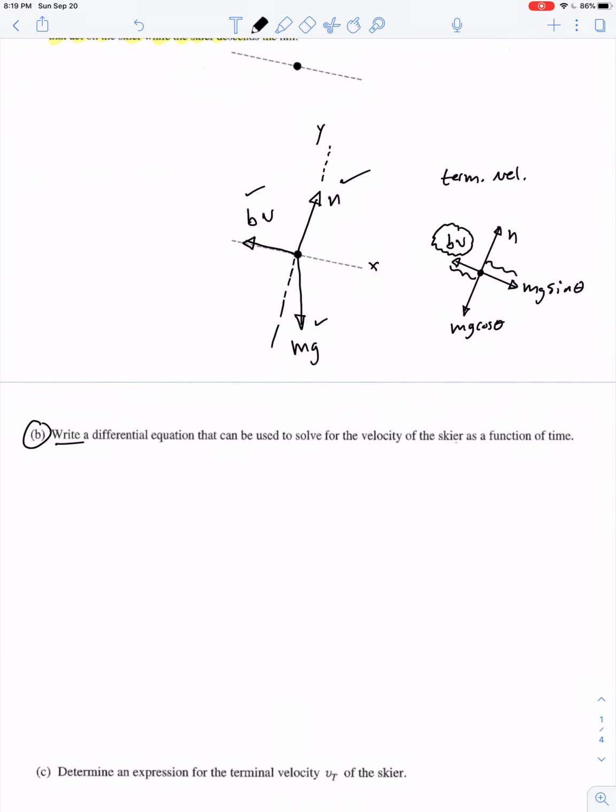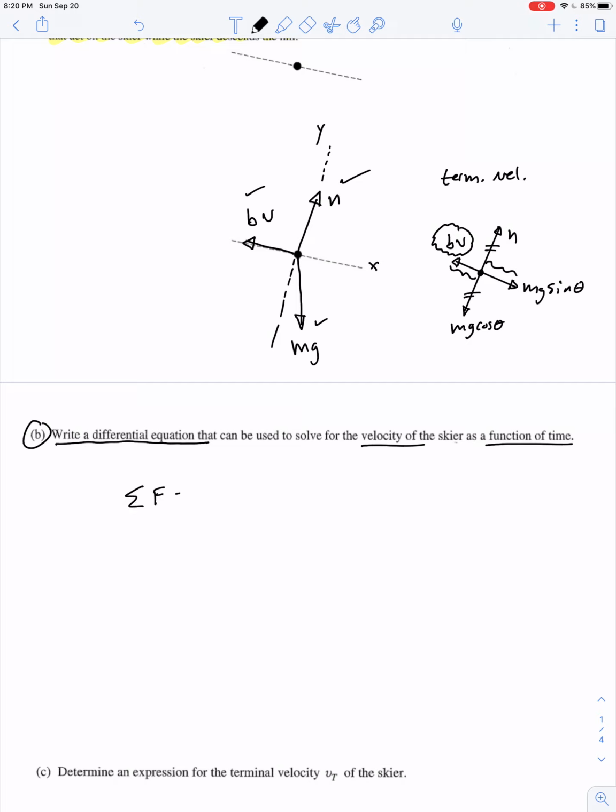Part B, write a differential equation that can be used to solve for velocity as a function of time. So it doesn't say to solve and figure out what the function is. It just says write a differential equation that could be used if we wanted to derive that function. So we recognize that normal force and mg cosine theta cancel each other out.